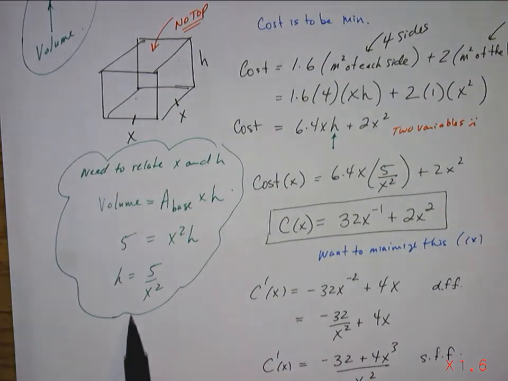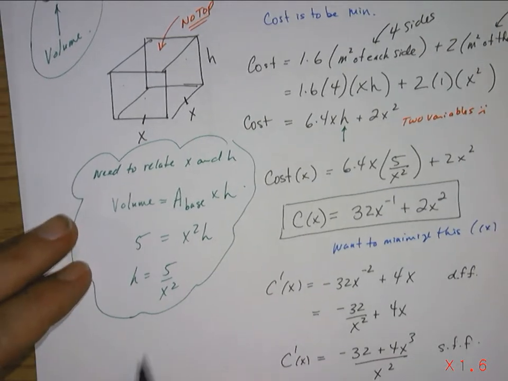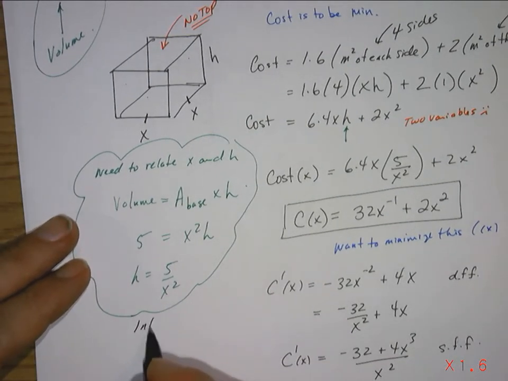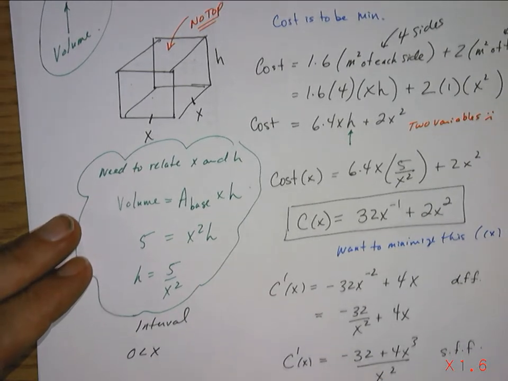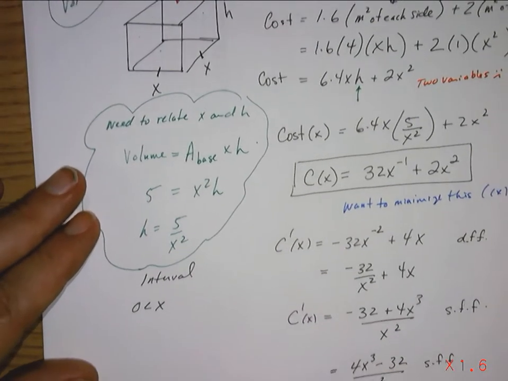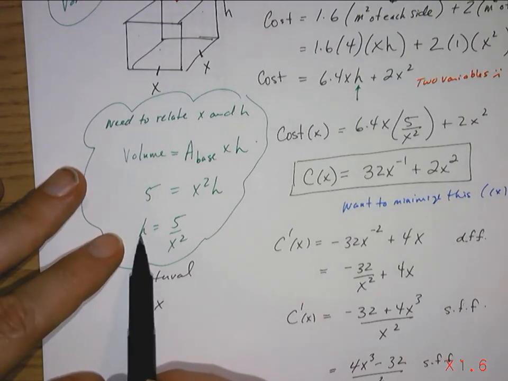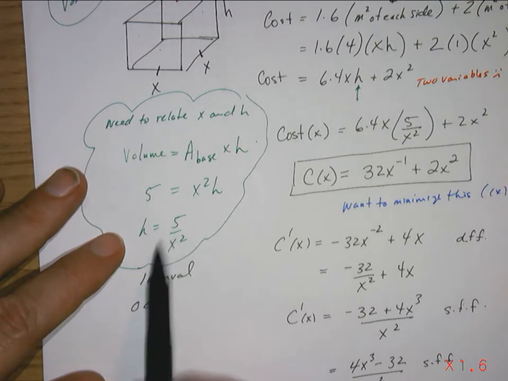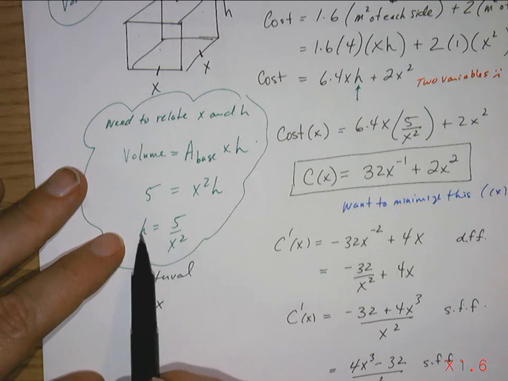Well, that brings me back to talking about the interval here. I haven't done an interval yet for my variable, but we certainly know that x must be greater than 0. Now, to get the high end of the interval, we think about h. We know that h must be greater than 0. Is there any value of x that's going to make h negative?